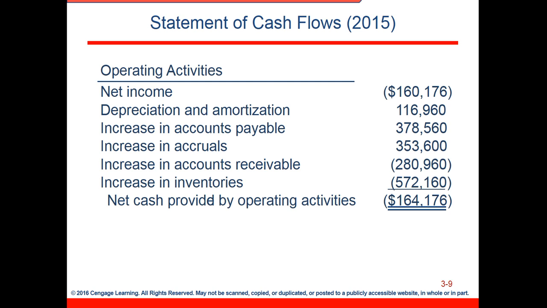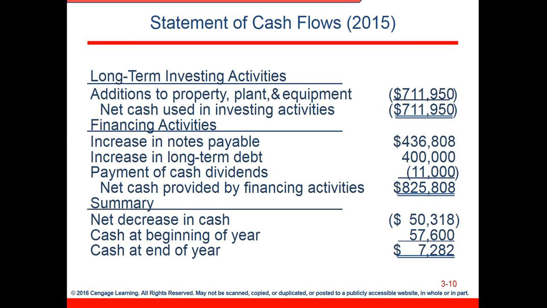Since net income is negative, when we look at the cash flow from operating activities, the main driver of the negative cash provided by operating activities, which means a decrease in cash, is again net income. Investing activities have been negative as well, and financing is compensating for the investing activities as well as operating activities.